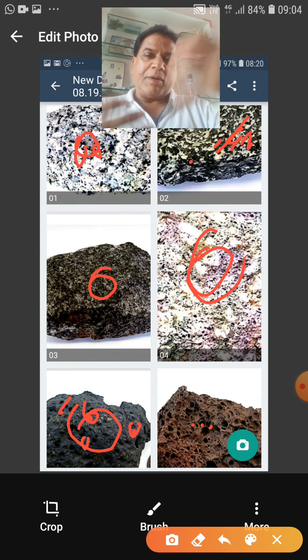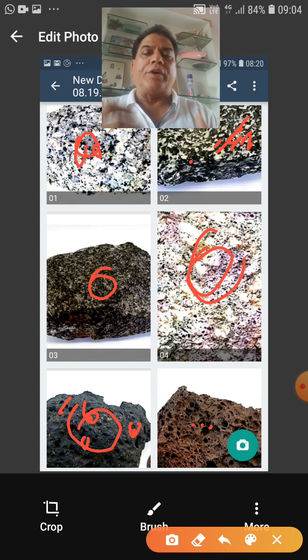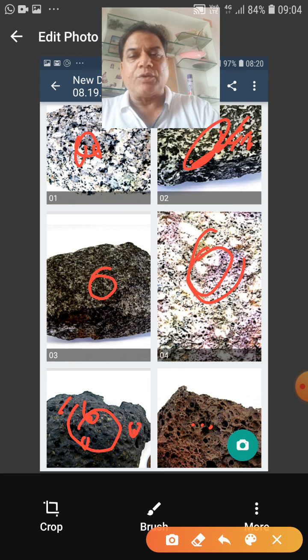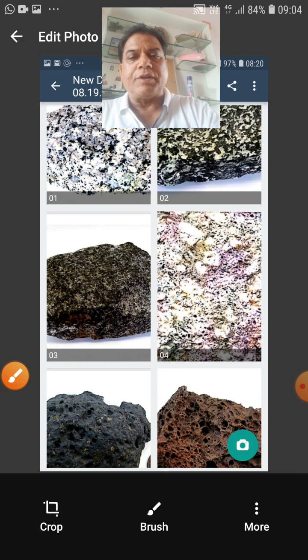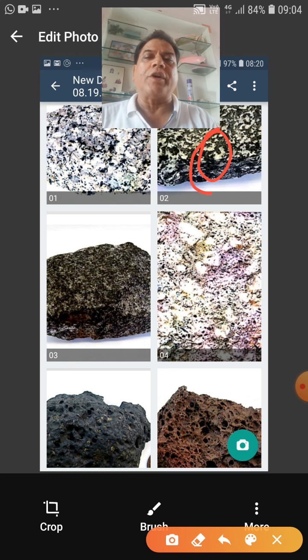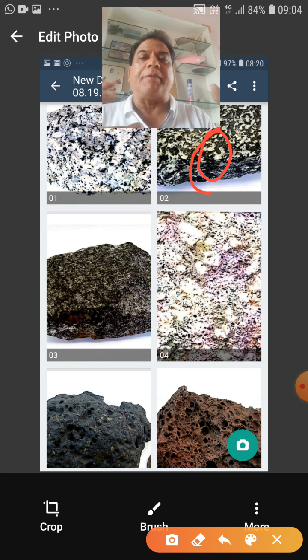Similarly, with minor differences, for example, take the rocks gabbro and norite. In hand specimen, you cannot make out whether it is a gabbro or norite, because the only difference is the nature of the pyroxene.